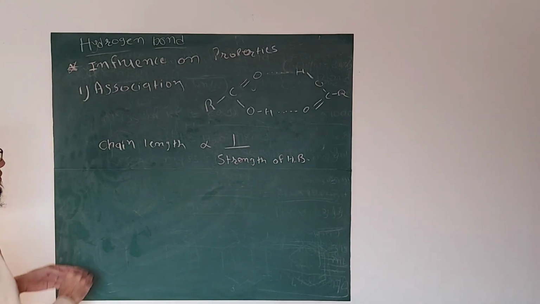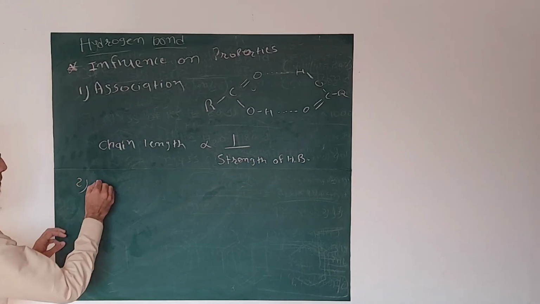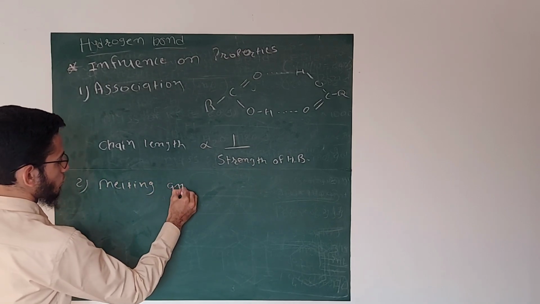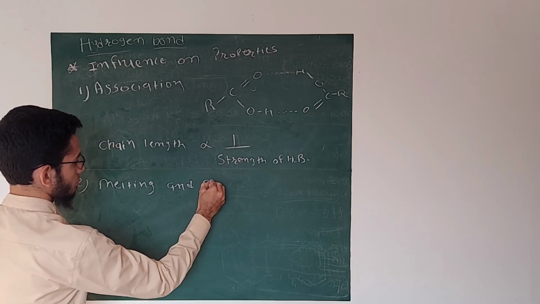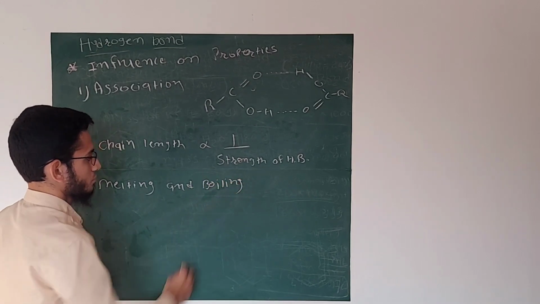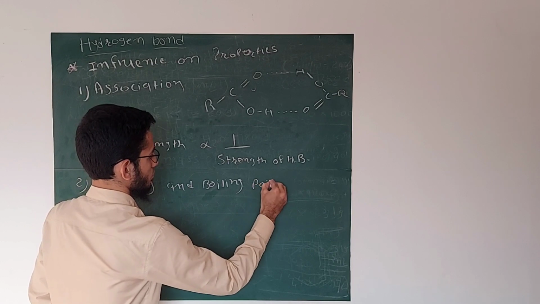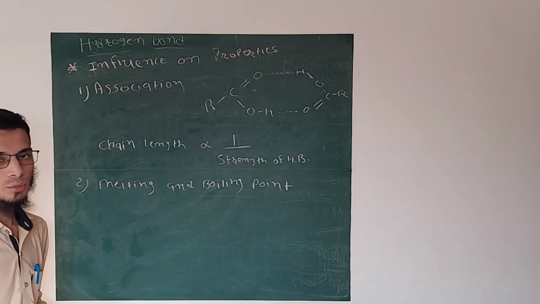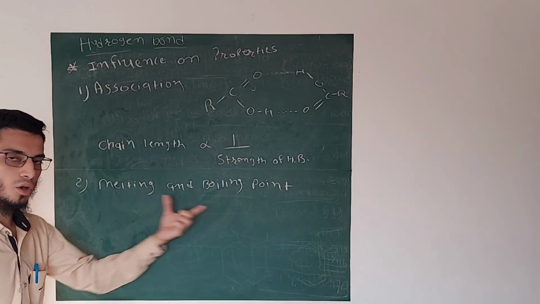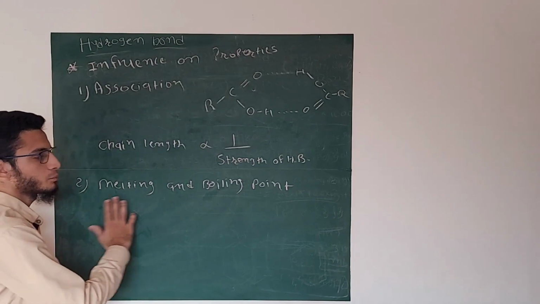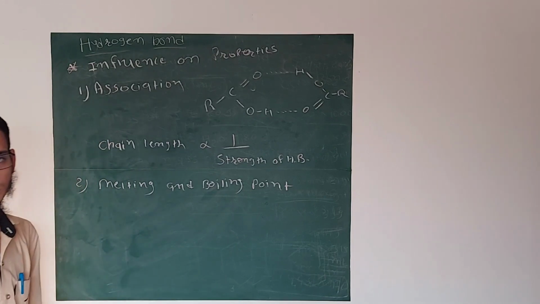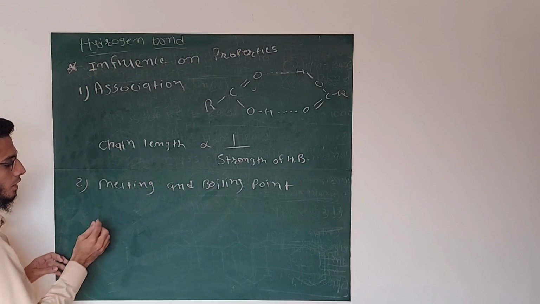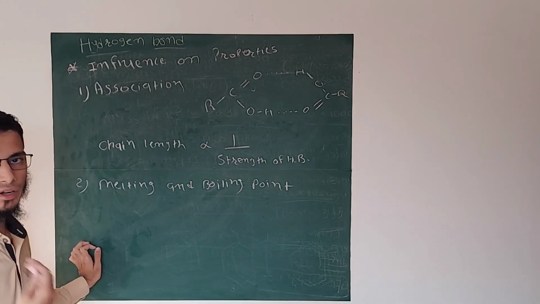Then second is melting point and boiling point. You know very well about that, but the melting point and boiling point increase. Why? Due to the hydrogen bond. Consider group 15, group 16 and group 17.